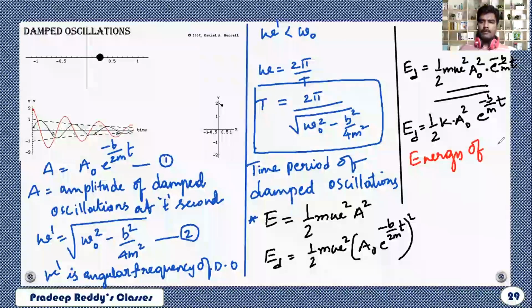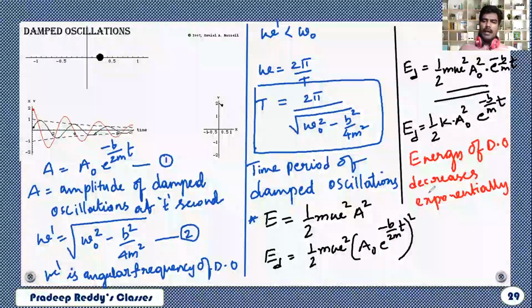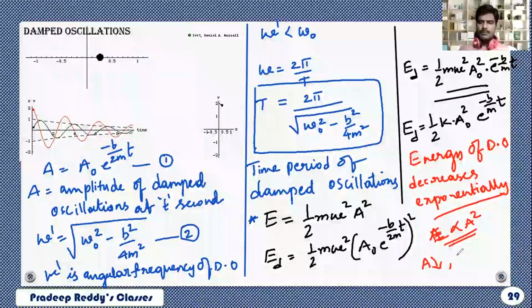Energy of damped oscillations decreases exponentially, because energy is directly proportional to amplitude whole square. As amplitude is decreasing exponentially, energy also decreases exponentially.